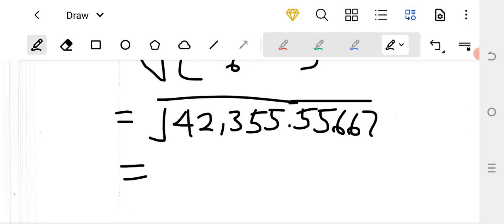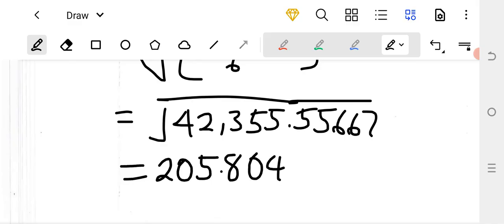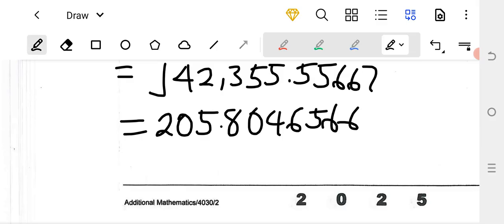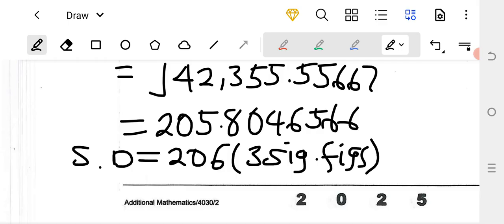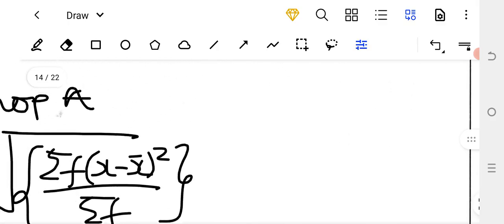Then it's the square root of that answer, 205.804666. The standard deviation, SD, is equal to 206, correct to 3 significant figures. So 206 is the standard deviation for shop A.